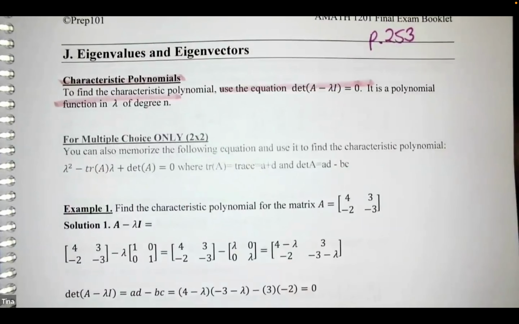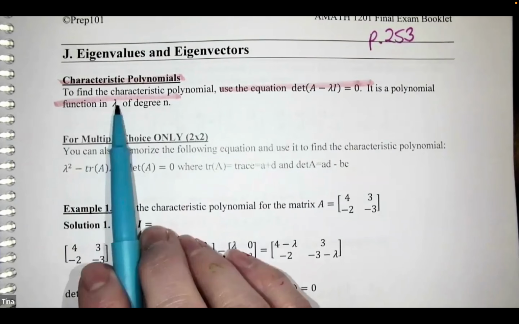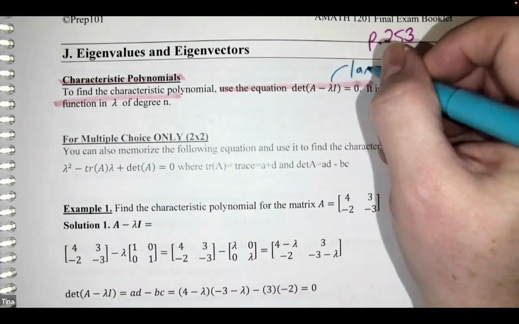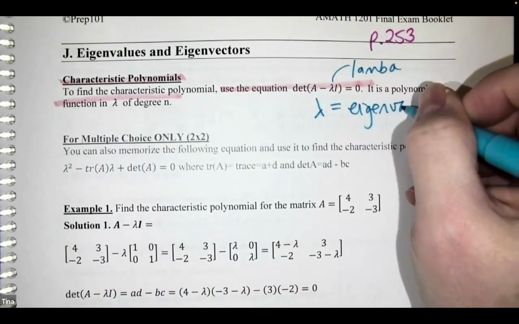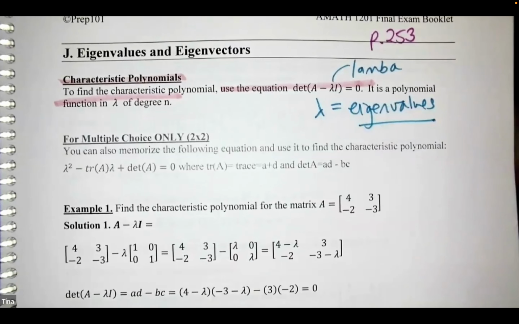It's going to be a polynomial with, instead of x's, like x cubed, x squared, those are polynomials, right? In terms of this example, it's going to have lambdas, this Greek letter. And the lambdas will end up being what we call our eigenvalues.